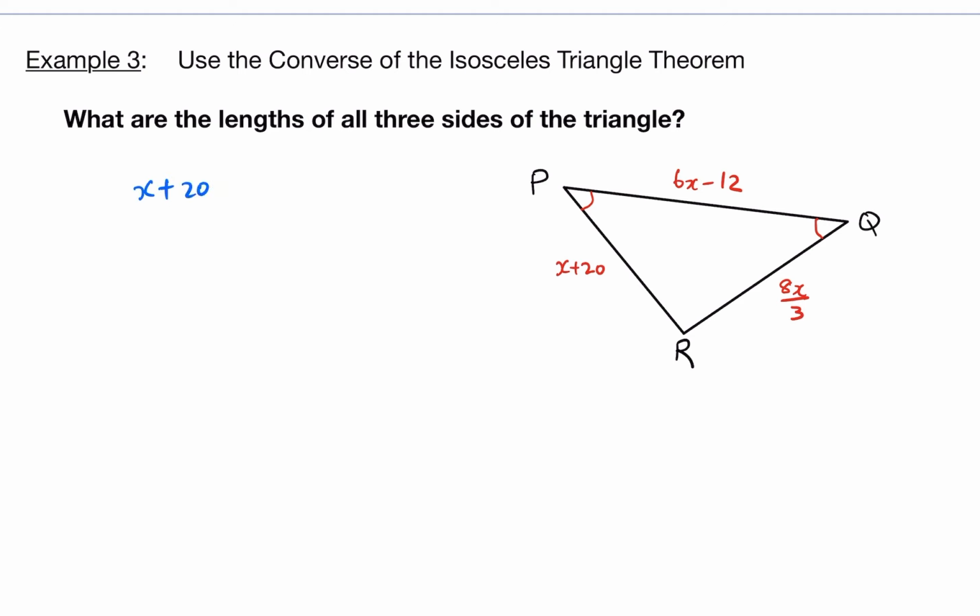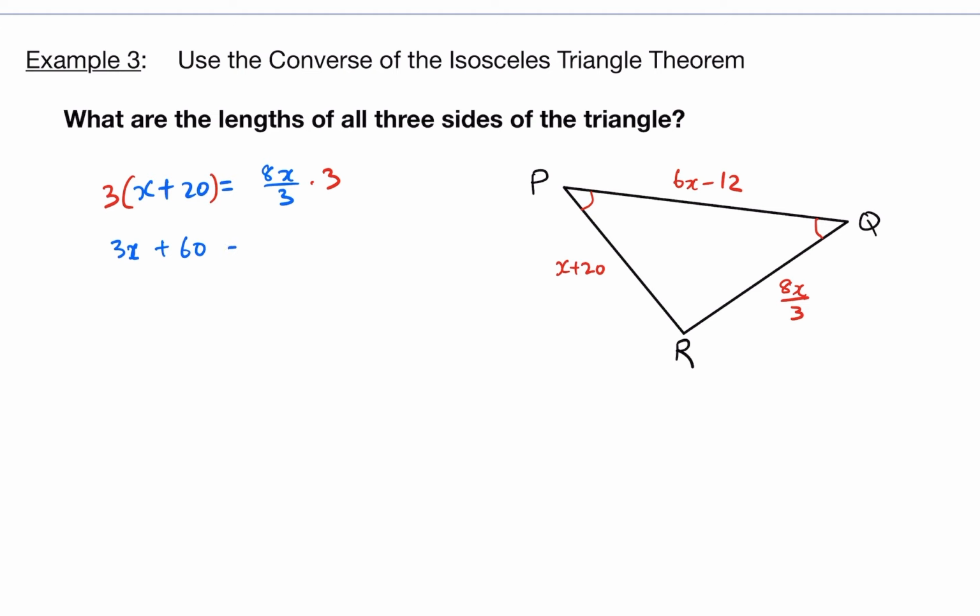x plus 20 is equal to 8x divided by 3. First thing we're going to do is multiply both sides by 3. When we do that, we get 3x plus 60, distributing here. We got 3x, and then we get 60 by multiplying 3 by 20.